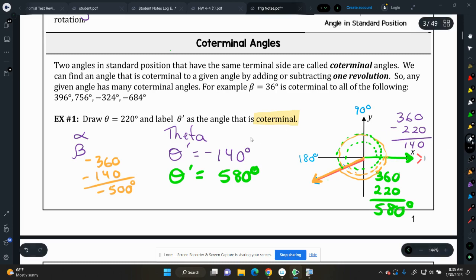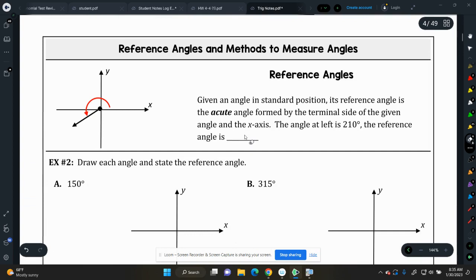Another term that we will use is what we call a reference angle. When we're looking at the sine and the cosine, we use what we call reference angle. So we don't typically, let's say that this looks like it's about 220 degrees.